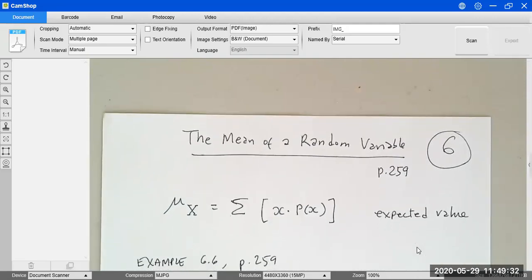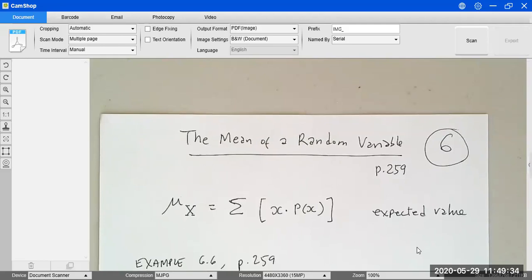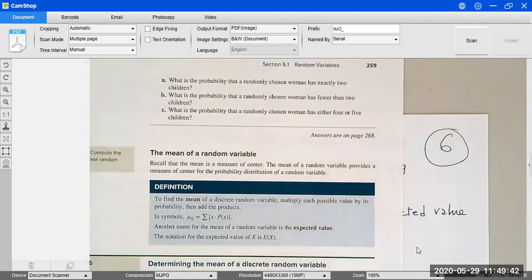You have a formula on page 259. For the mean of a discrete random variable, we multiply each possible value by its probability, and then we add the products. Another name for the mean of a random variable is the expected value.